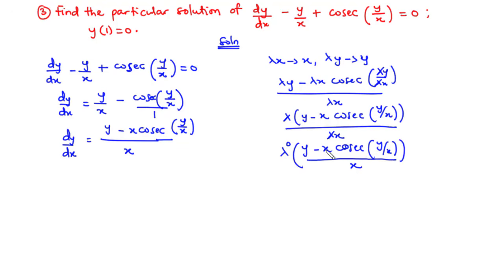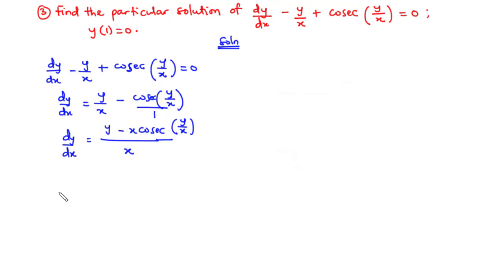Now you realize that this is equal to the original function here, and then we have the degree, which is the exponent on lambda, to be 0. Now once dy dx is equal to this, then we say that this function is a homogeneous function of degree 0, and thus this differential equation is a homogeneous differential equation. So let's quickly clear this and then we proceed with the rest of the solution.